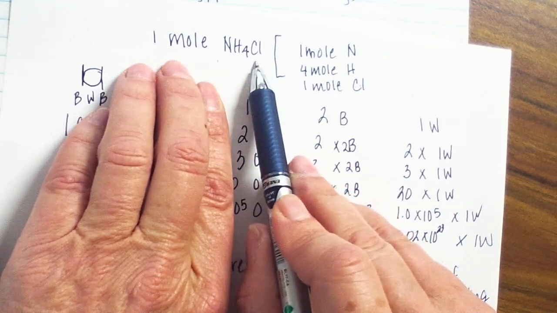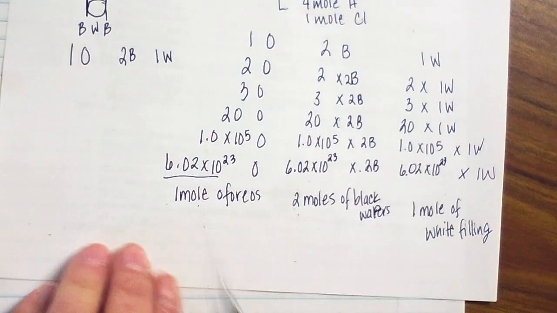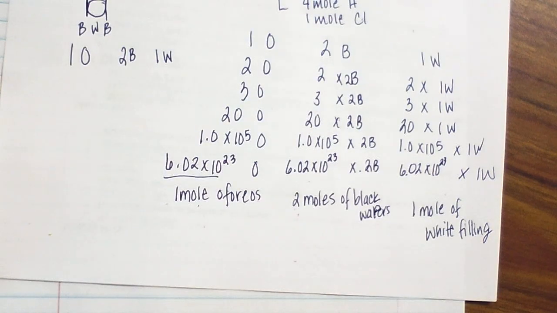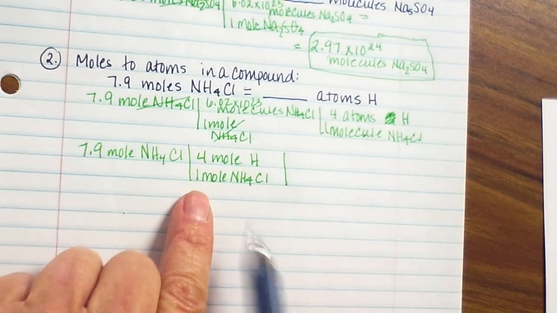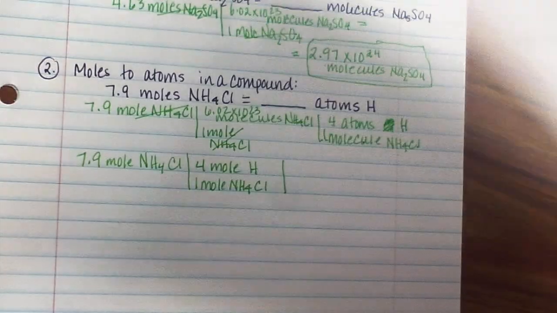So I have 6 moles of things that go into 1 mole of the ammonium chloride cookies. How's that? Everybody okay? That's where that molar ratio comes from. I hope that helped.